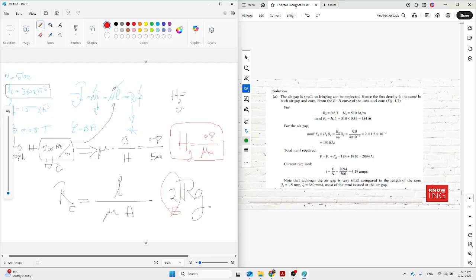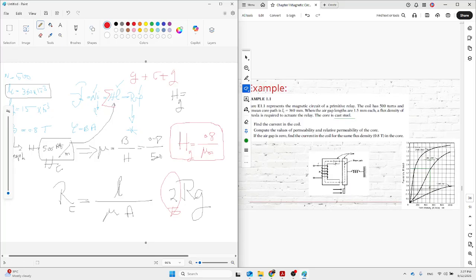Then using this formula, don't forget we need a summation of the whole reluctance, which is reluctance of core plus reluctance of air gap plus reluctance of the other air gap. You can see here reluctance of core, this one plus this one. Core is considered as this one, from here until here, then again here to here. These two parts are separate. One, two.